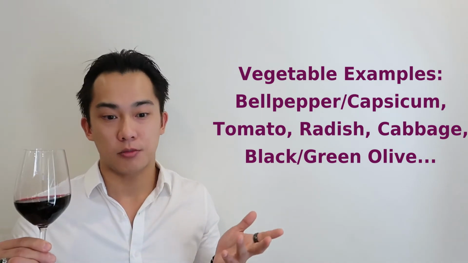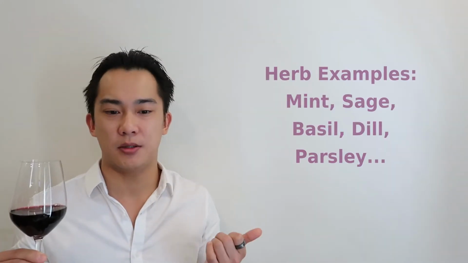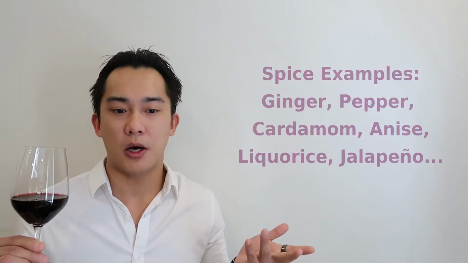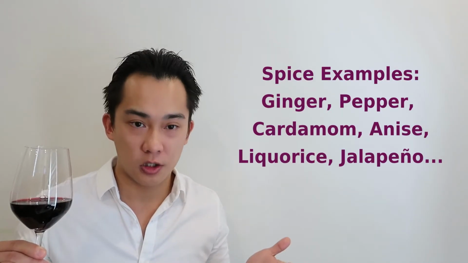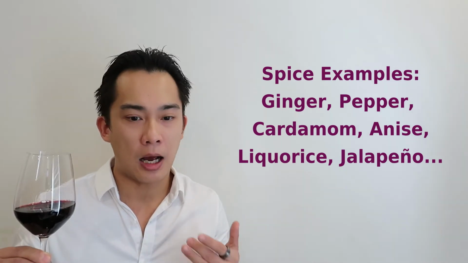With flowers, of course, any flower you like, dandelions, lilies, roses, violets. Herbs, you can have mint, sage, basil, dill, parsley, anything you might have used in cooking, or you might have a dried version on your spice rack in your kitchen somewhere. And finally, you've got spices, something like fresh ginger, black and white pepper, cardamom, anise, licorice, jalapeno.